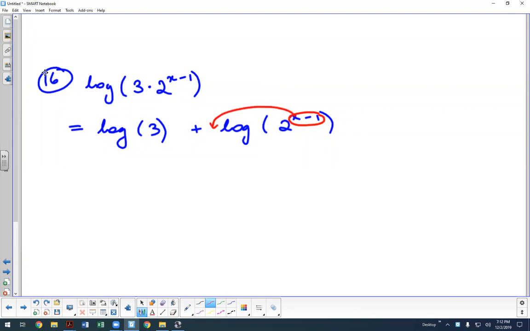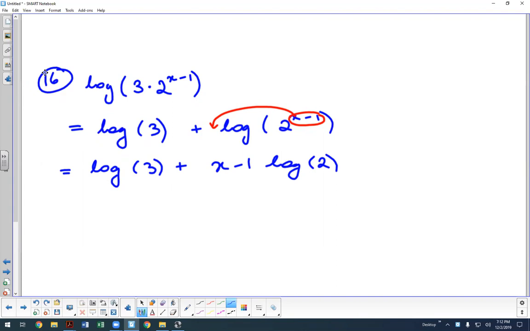Now, one thing I want you to be careful about when you're doing this: if you write it just like this, x minus 1 log of 2, it actually looks like you have log of 3 plus x minus log of 2.